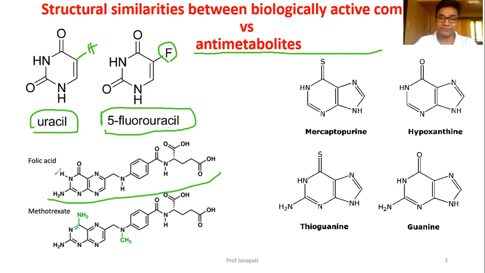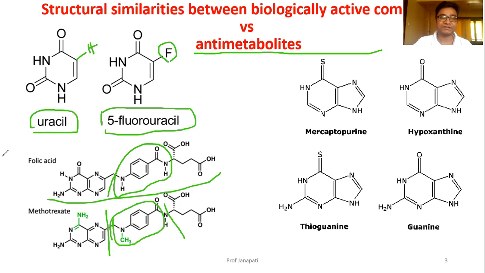In the same way, folic acid, you can see it. The structures are the same. This is the pteridine molecule, this is the PABA molecule, and this is the glutamic acid structure. In the drug also, this is the pteridine molecule, this is the PABA molecule up to here, then this is glutamic acid.